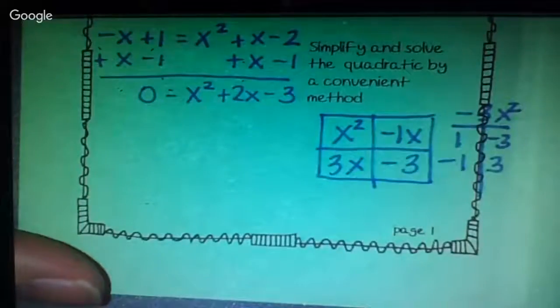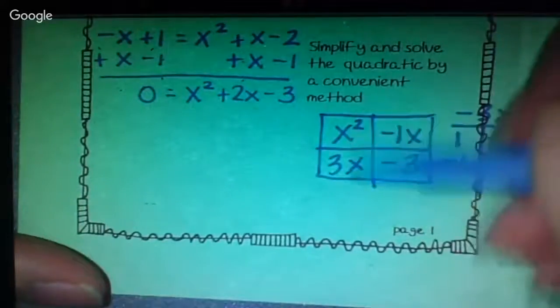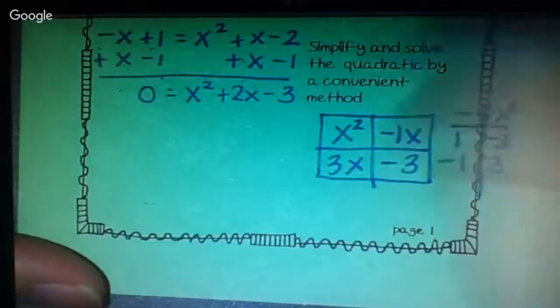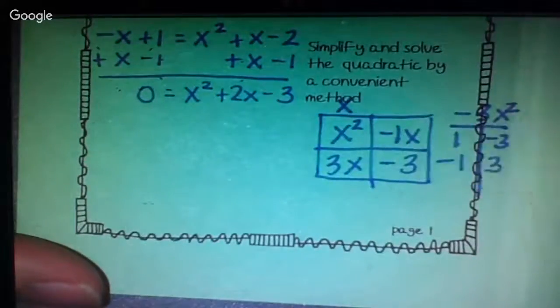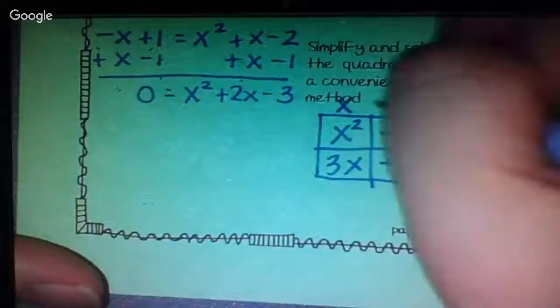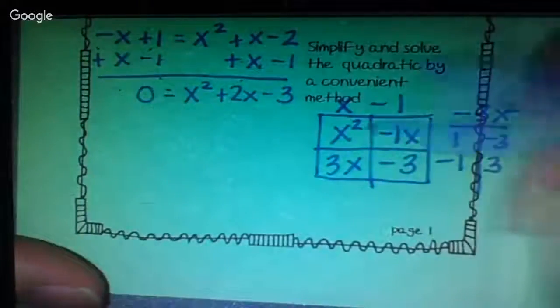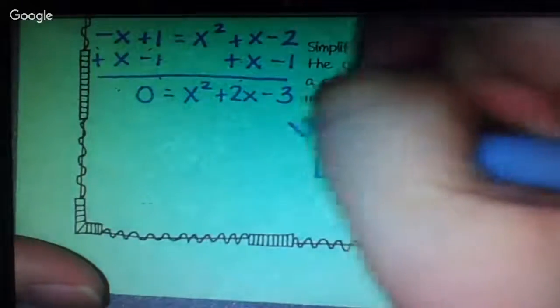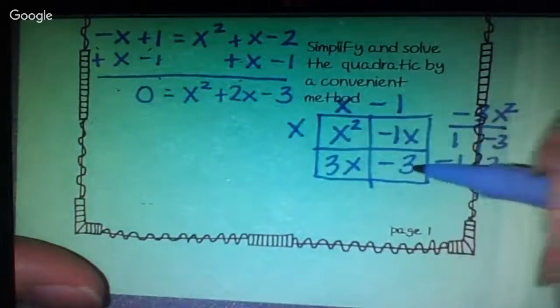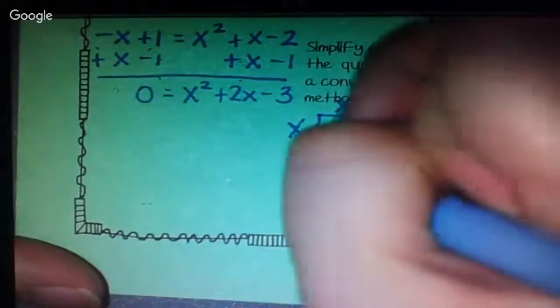So let's pull out. What does x squared and 3x share in common? X. What does negative 1x and negative 3 share in common? Negative 1. What does x squared and negative 1x share in common? X. And what about 3x and negative 3? 3.